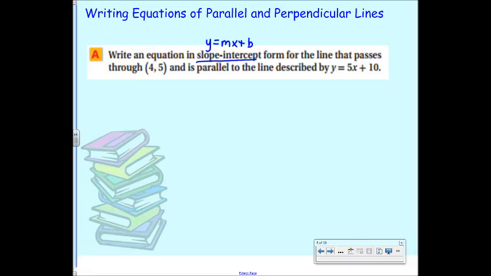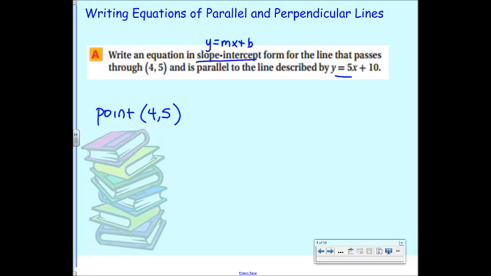So slope-intercept is y equals mx plus b, and I want to write an equation in that format of a line that goes through 4, 5, so that means it goes through this point, and it's parallel to y equals 5x plus 10.